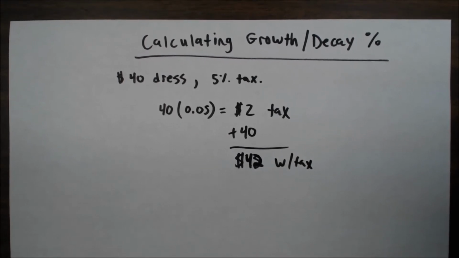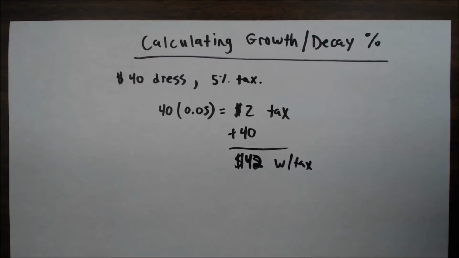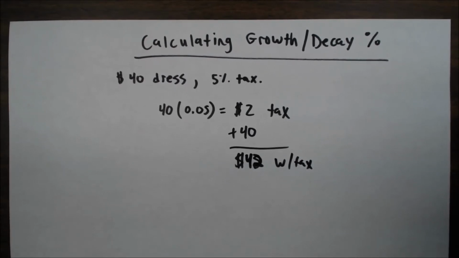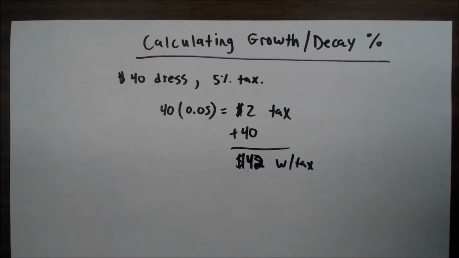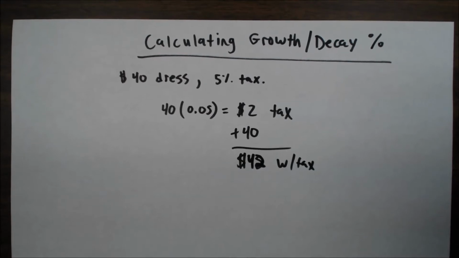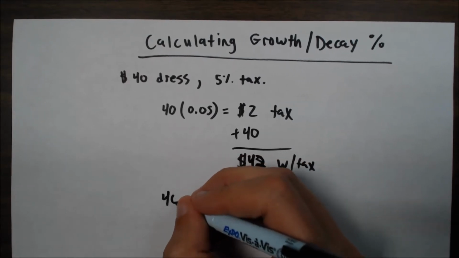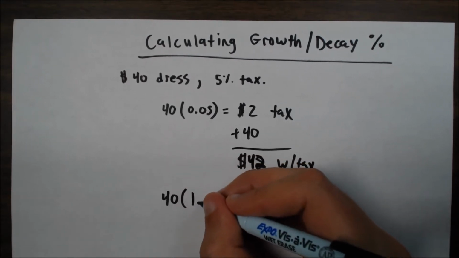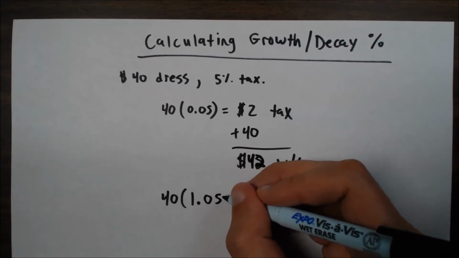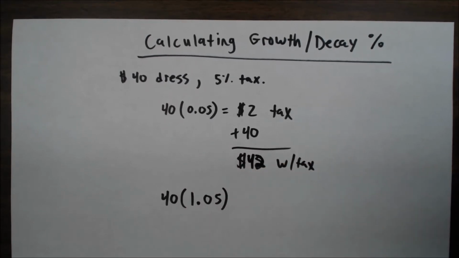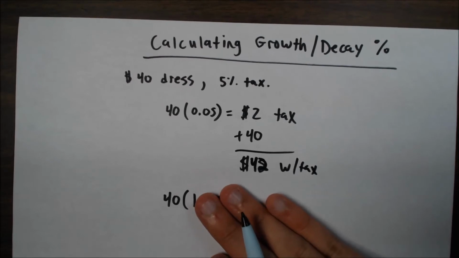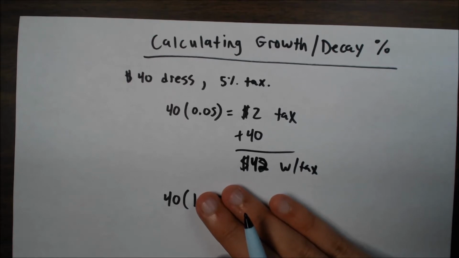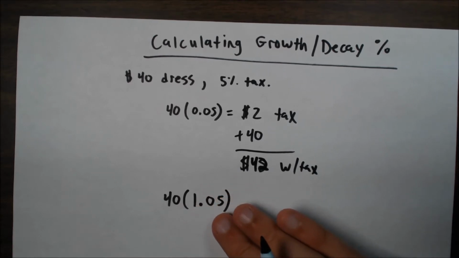But you don't have to do that. You can actually do this in one step. You can very quickly, very easily in one step multiply one number and find the amount of the dress with tax. And that would be to say $40 times 1.05. Okay? When you multiply by 1, what happens to a number? It doesn't change, right? That's because 1, if you think about it as a percentage, is 100%.